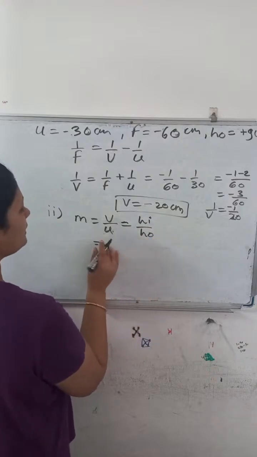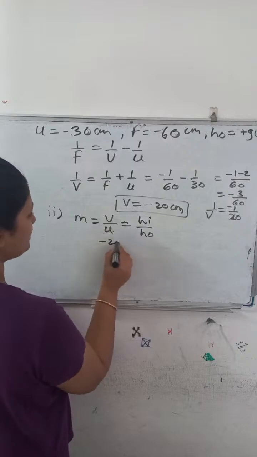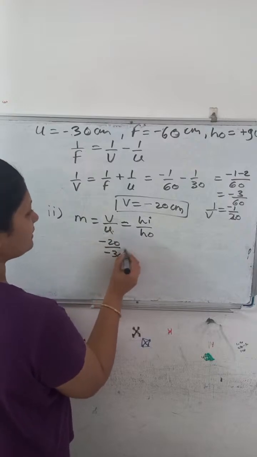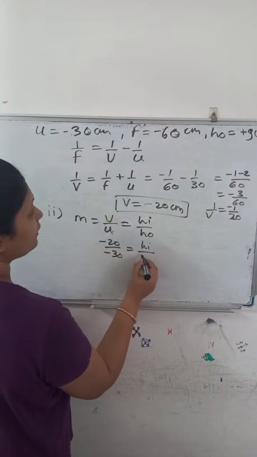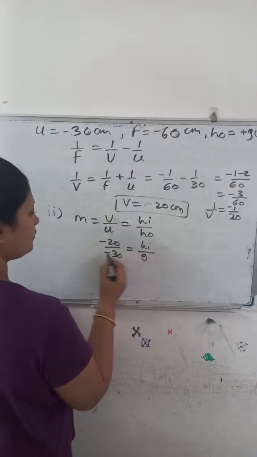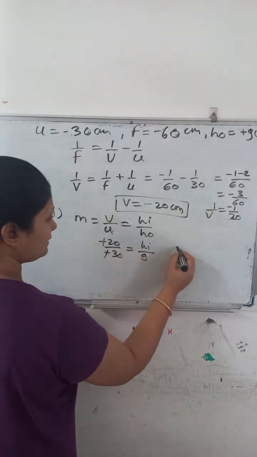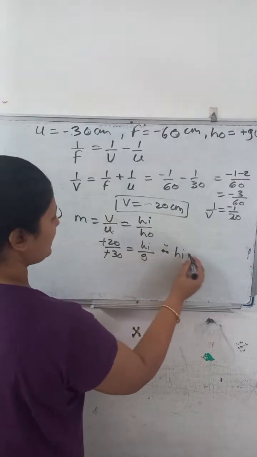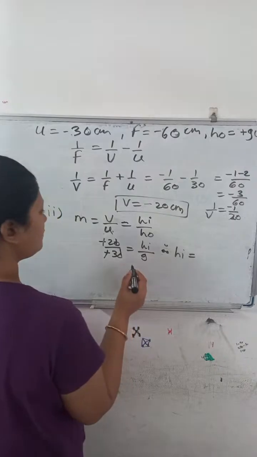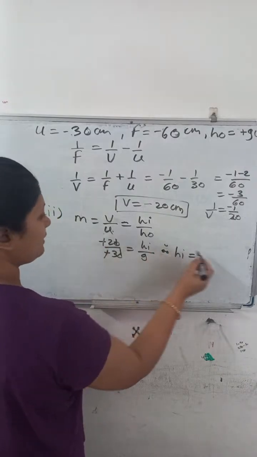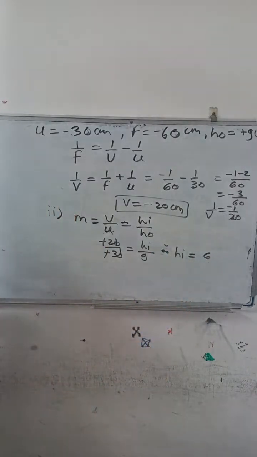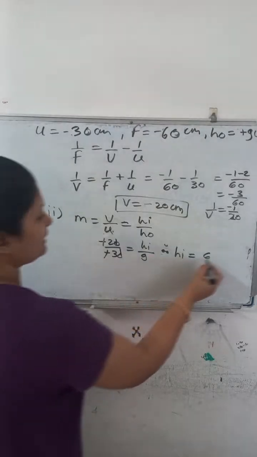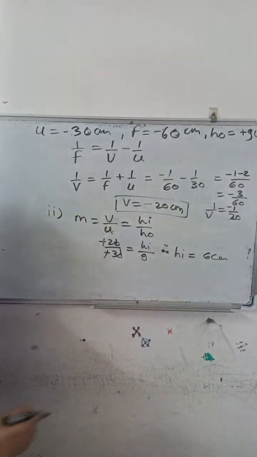So v we just now got minus 20, u is minus 30, hi we have to find out, and ho is given 9. So here minus and minus get cancelled. So therefore hi is nothing but 2 by 3 of 9, means 3 3s are 9, 6 centimeter we are getting the answer. hi is nothing but 6 centimeter.